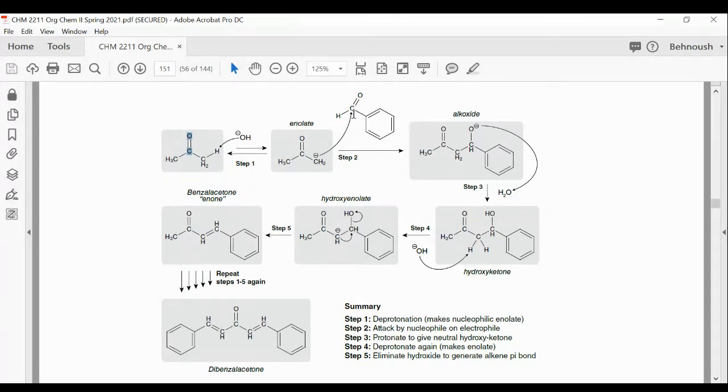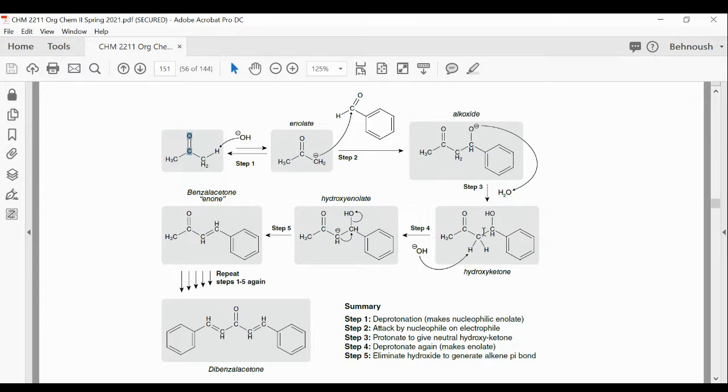And when it does attack the carbonyl group, the pi bond is going to break over the oxygen because carbon cannot have more than 4 bonds. You get an alkoxide, and when you protonate, you get a hydroxy group attached to the carbon.